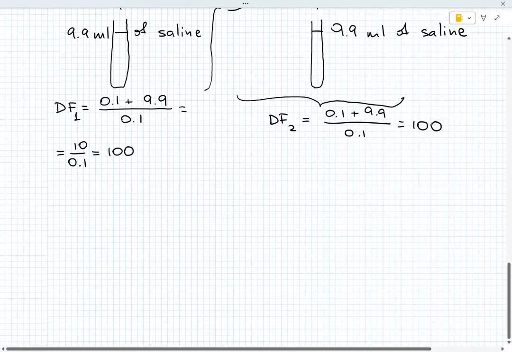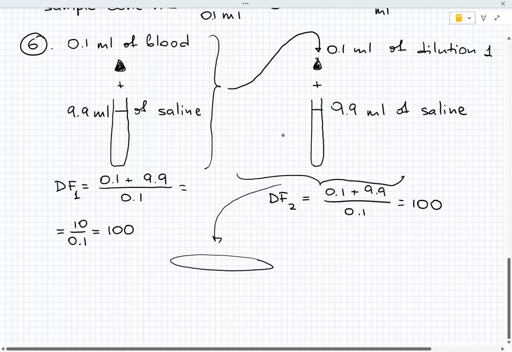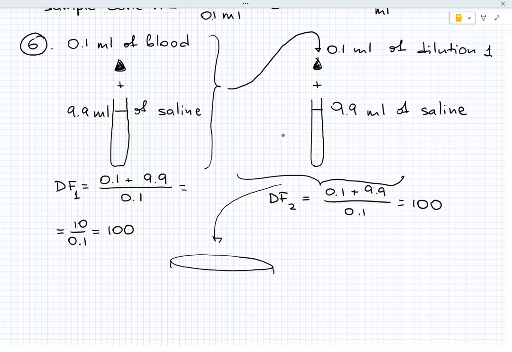Now we need to plate this. Right? What is the volume that we're plating? 1 ml.